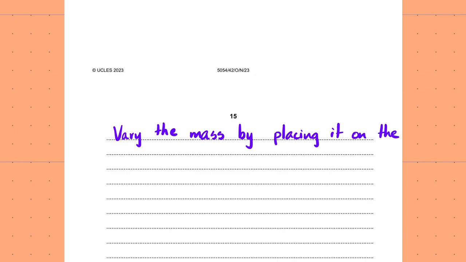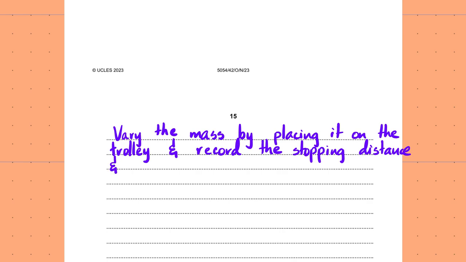So let's write this down. Vary the mass by placing it on the trolley, and record the stopping distance and the time it takes for the trolley to come to rest.